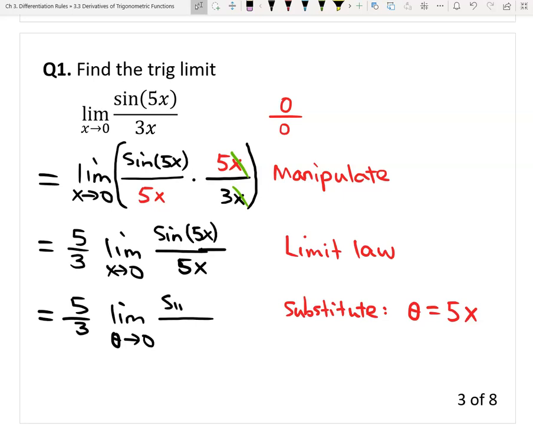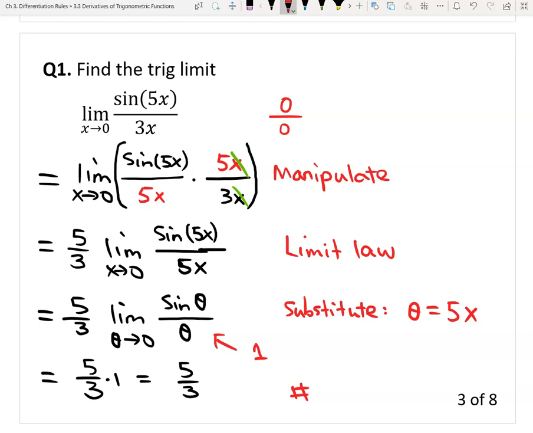Sine of theta over theta, the bottom is theta. This is the formula, which is 1. Therefore the result is 5/3 times 1, which is 5/3. So this is the first.